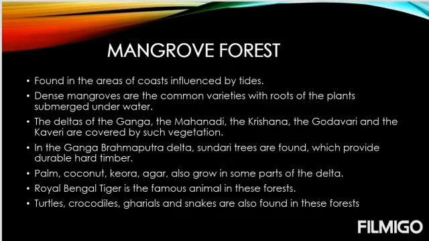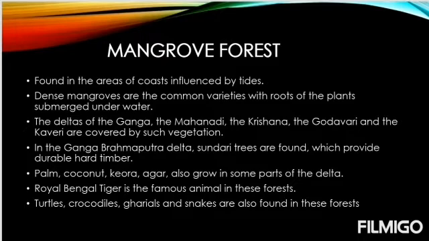The last vegetation is mangrove forest. These forests are found in the areas of coast influenced by tides. Dense mangroves are the common varieties, with roots of the plants submerged under water. The deltas of the Ganga, the Mahanadi, the Krishna, the Godavari and the Kaveri are covered by such vegetation.